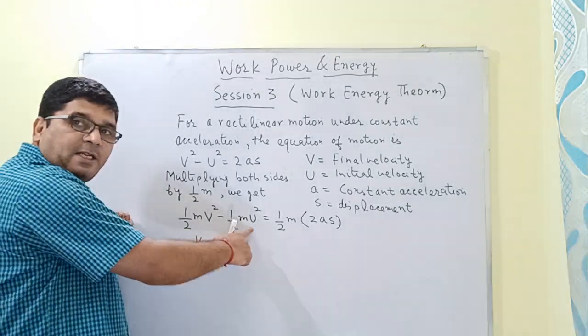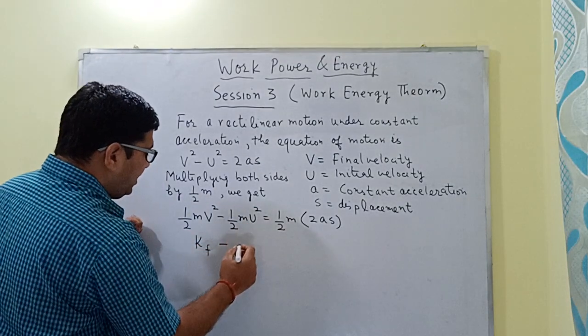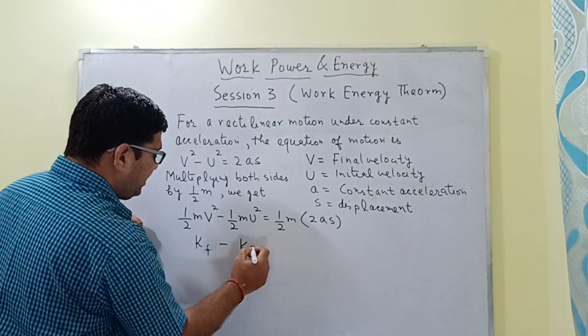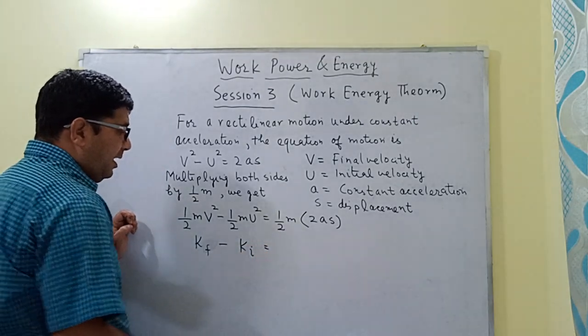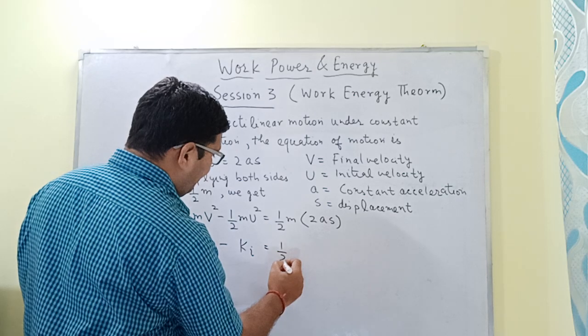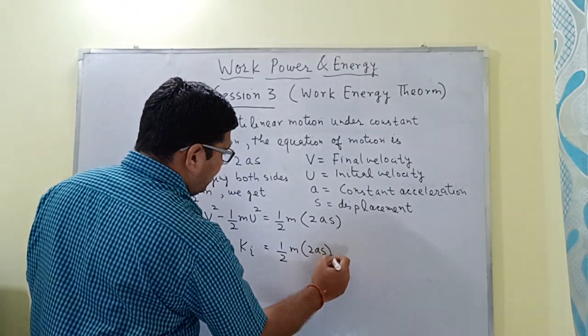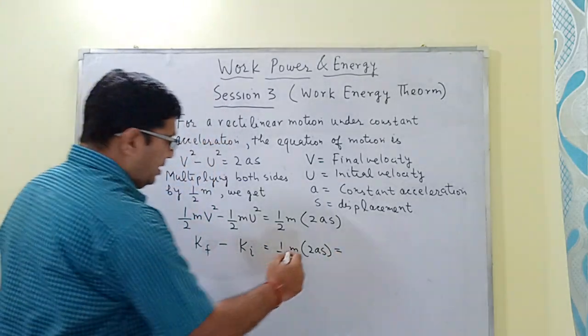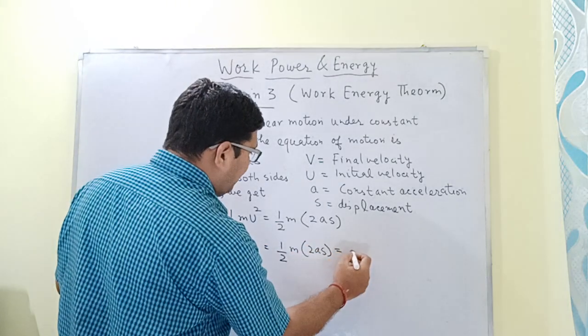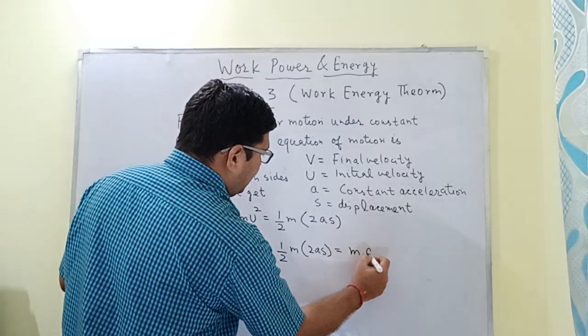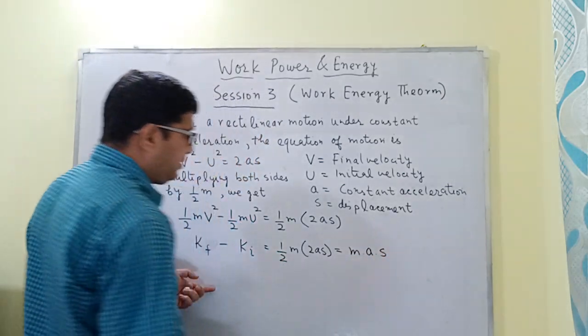And this is the initial kinetic energy of that object, which I am writing as ki, and this is equal to half m 2as. Now if I just simplify it, then we will be getting m dot a dot s. ठीक है ना?